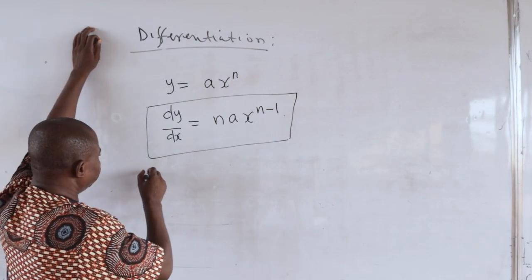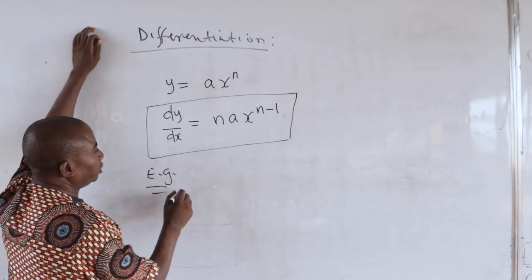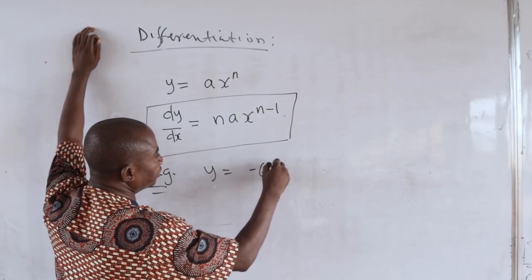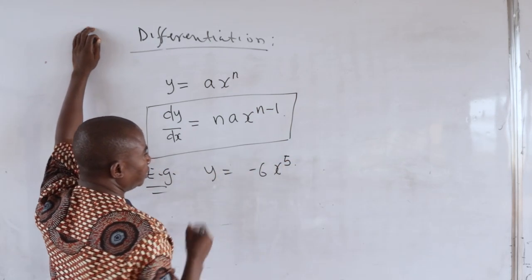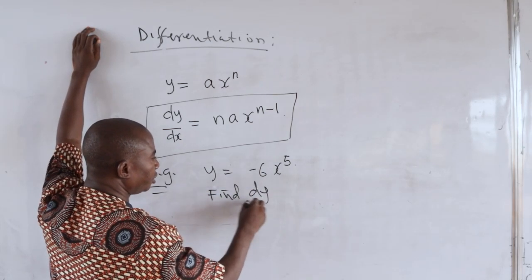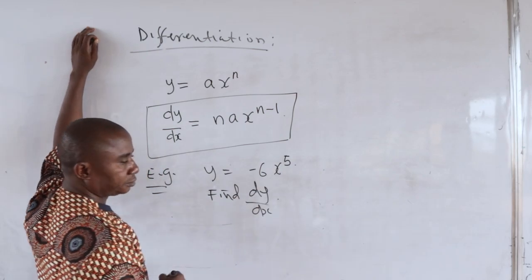For instance, if I give y to be minus 6x raised to power 5, and then I say find dy by dx.